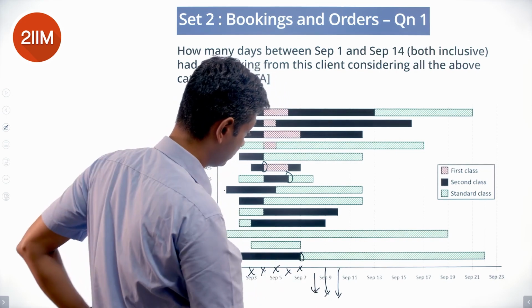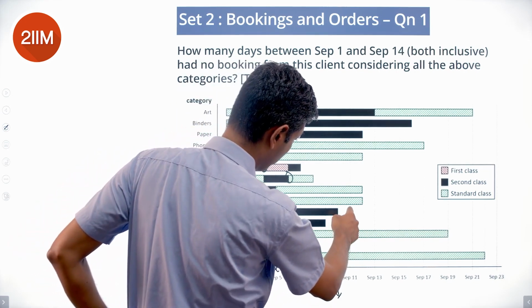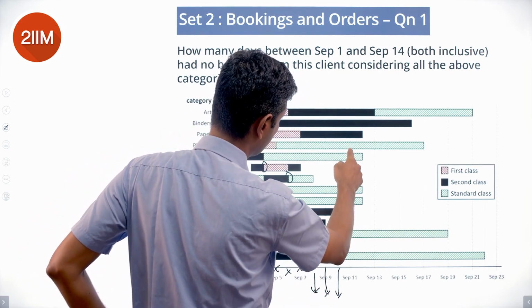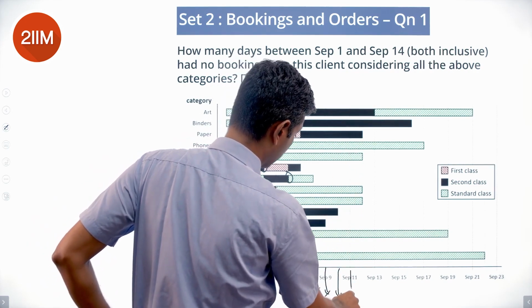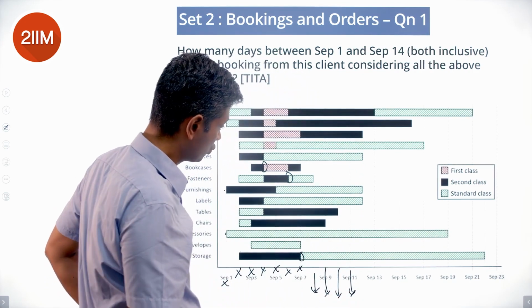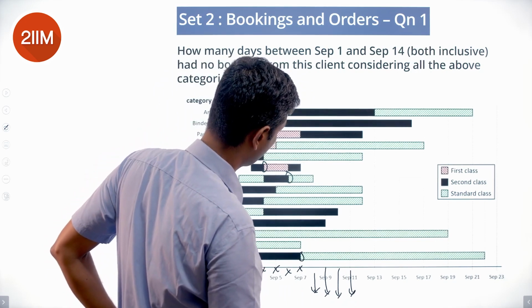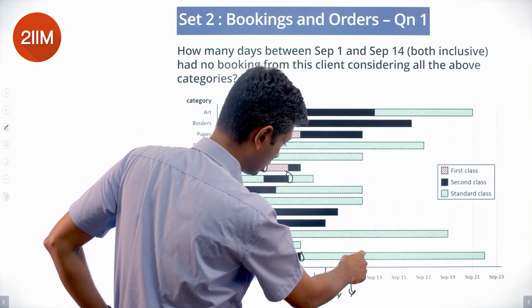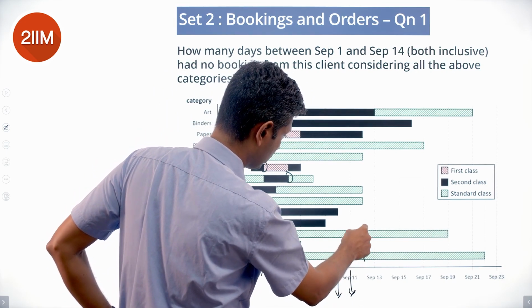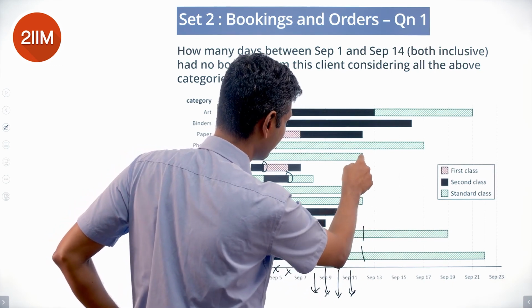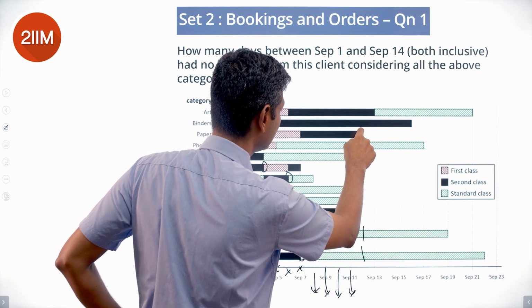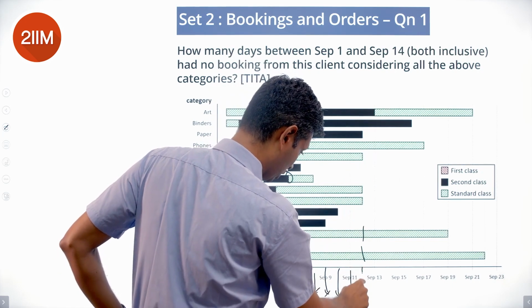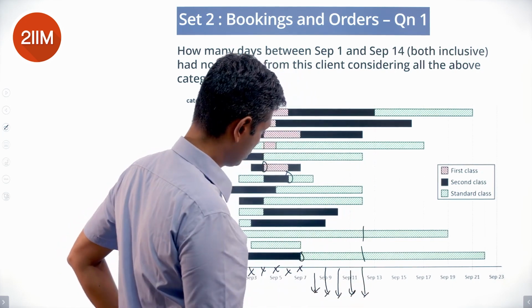September 11, nothing here. Cuts here, cuts here, cuts here. Okay, September 11 counts as well. September 12, it cuts here, it cuts here. Ends, cuts, ends, cuts. So September 12 will get counted as well.